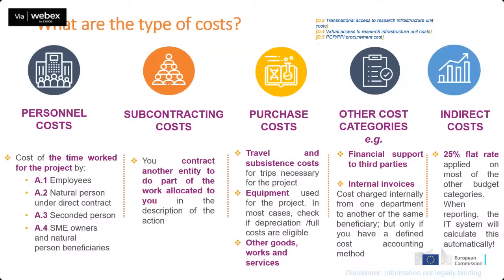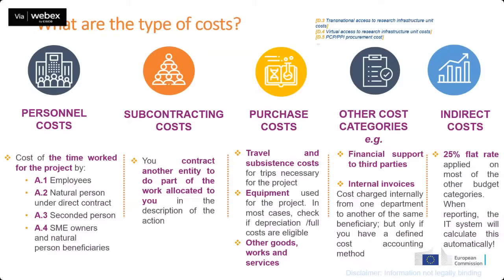So any travel or subsistence and accommodation costs for trips that are necessary for the project, like a trip for a meeting, a trip for visiting a project on the ground, etc. If they are justified, they can be eligible. Costs for the equipment that is used for the project. Normally, we can only pay the depreciation costs. We will talk about it in a minute. And costs for other works, goods and services.